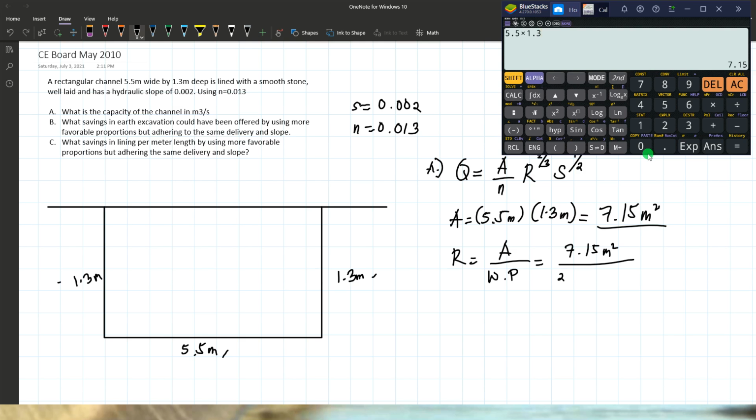So 7.15 divided by 2 times 1.3 plus 5.5. So the hydraulic radius is 0.8827. Okay, the unit is in meters.